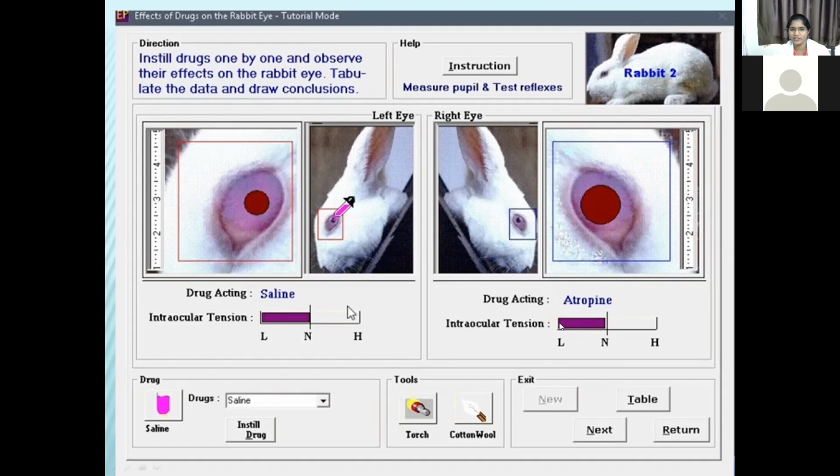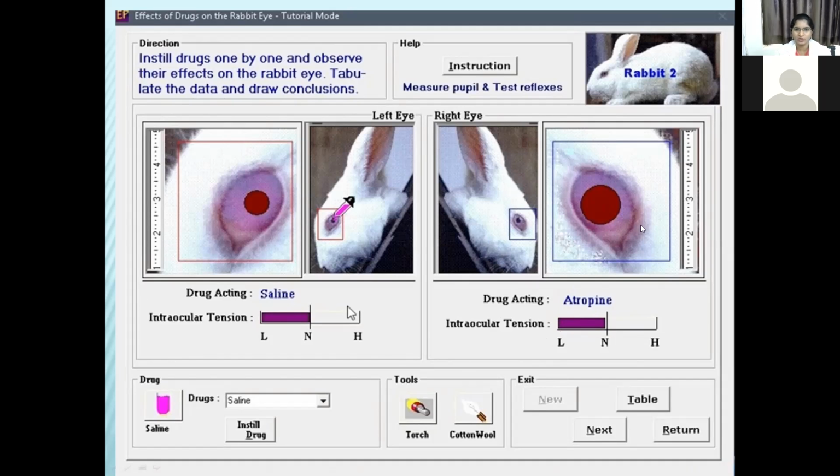And you have to check intraocular tension, whether it is increased or decreased after the atropine drug is instilled. Then you have to draw an observation table, and write in that observation table, and write the conclusion and discussion part.